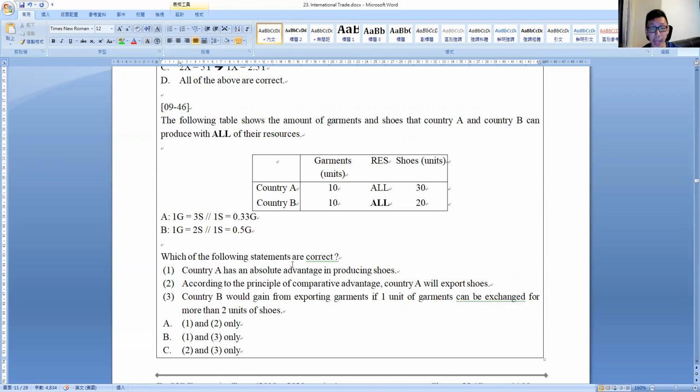Now let's see. Country A has an absolute advantage in producing shoes, right? Country A, 30 versus 20. It seems they really produce more. Now, the problem is, what does it mean by all? How many resources? You don't know, right? Maybe this is 100, maybe this is 1, or just the opposite.